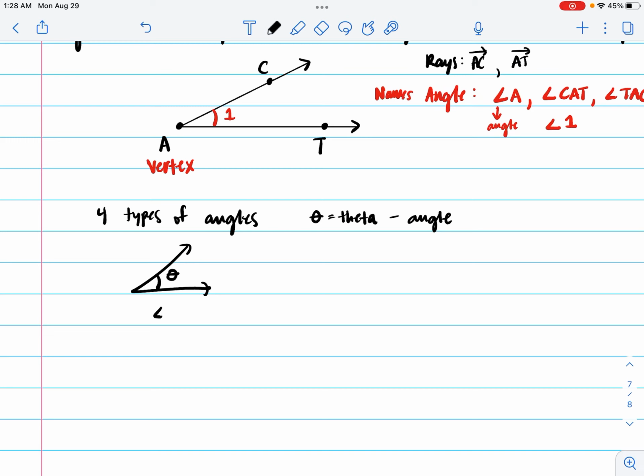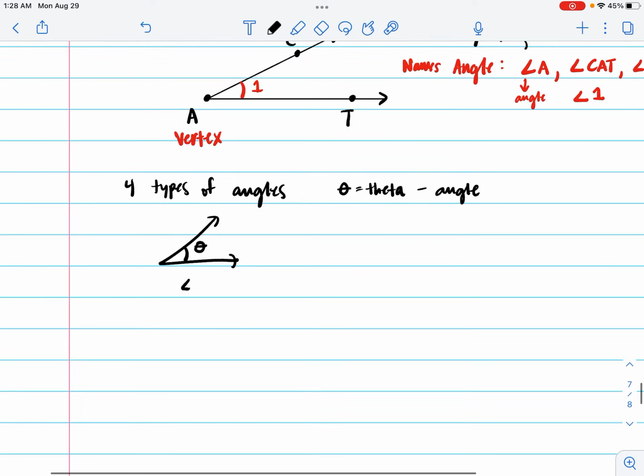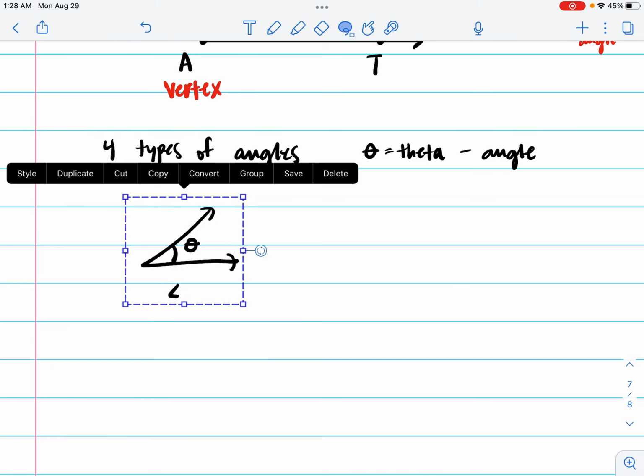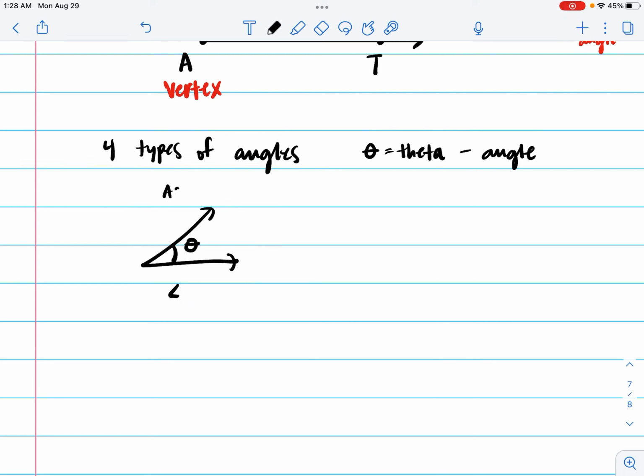Our definition would just be angle. Okay? So theta, this acute angle, is less than 90 degrees, but it is also greater than 0 degrees. That's an important feature.